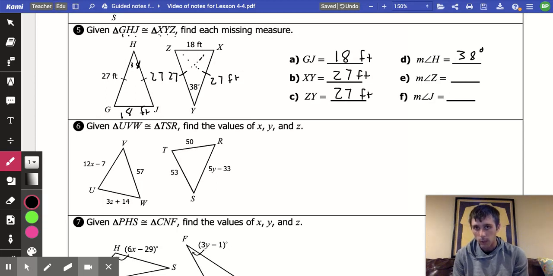Now we still have two angles there, so 142 divided by 2 tells us that one angle is 71. So if one angle is 71 degrees, what's the other one? 71 degrees. So what is angle Z? 71 degrees. Z matches up with J, which would be 71 degrees. They would be the same. All right?